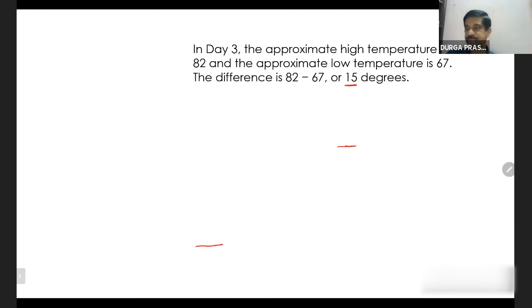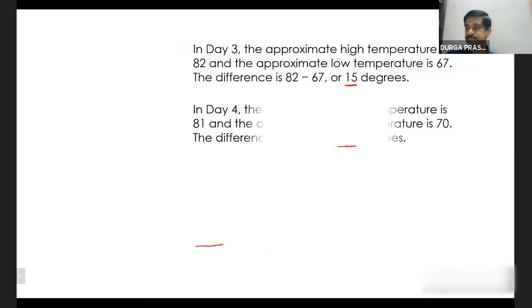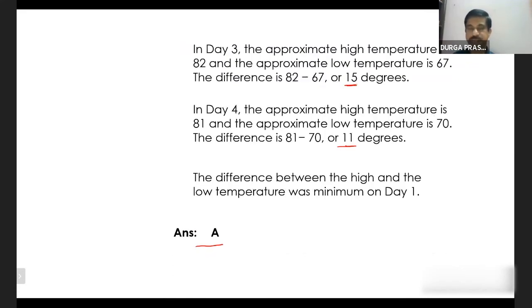I'll give you time. Okay, let us go to the next page. Please note it. Good.